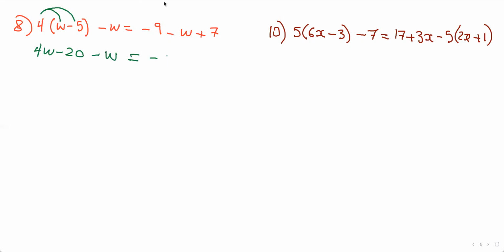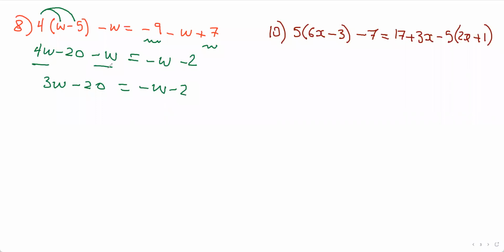Now here, all I need to do is collect this with this. So I still have the -w right here, and -9 plus 7 will give me -2. Now on the left-hand side, I have two like terms, which is this and this. So 4w minus w gives me 3w minus 20 equals -w minus 2.